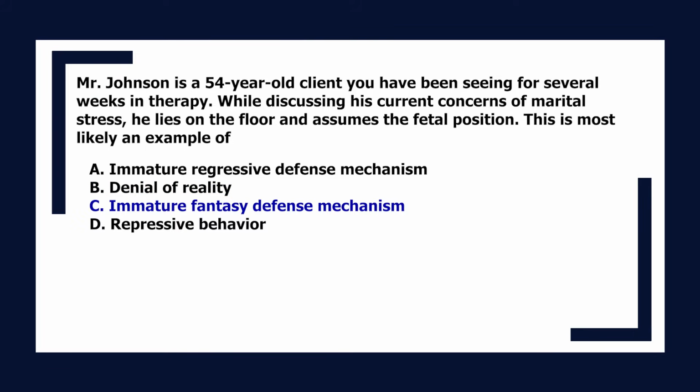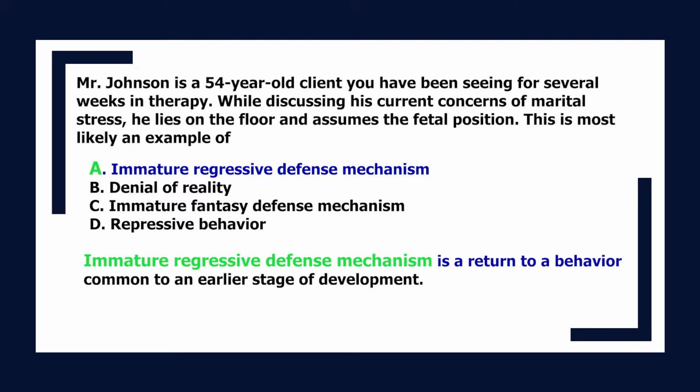C. Immature fantasy defense mechanism. D. Repressive behavior. The correct answer is A. Immature regressive defense mechanism. Immature regressive defense mechanism is a return to a behavior common to an earlier stage of development.